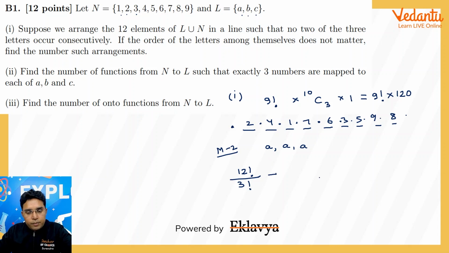Now I have to subtract those cases in which 2 A's are at one place and 1 A is at another place. In this case, we have 9 digits and 2 such letters, so it will be 11 factorial. 9 plus 2 is 11 factorial, because the 2 A's block and this single A are now different, so no division by any factorial is required.